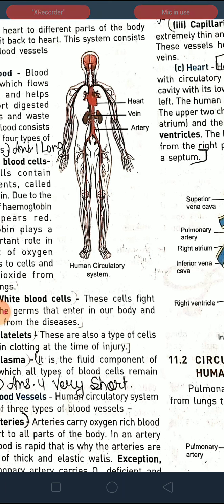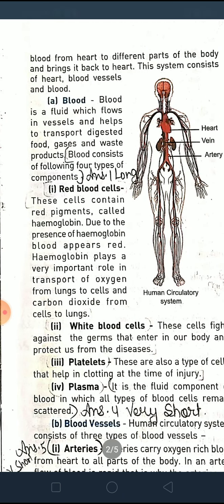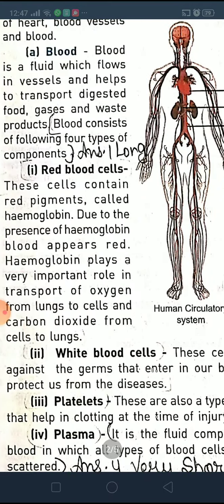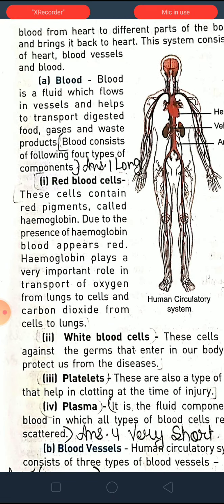But first of all you should understand about the blood, because blood is the main part that transports everything from one part of the body to another. So first of all I am telling you about the blood. As you know, blood is a fluid which flows in vessels and helps to transport digested food, gases and waste products.